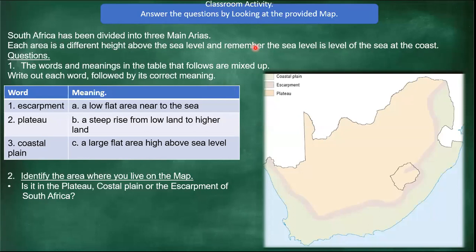Eastern, sorry, the coastal plain, ma'am. You are from the coastal plain. Where? What's the name of the province? Eastern Cape. That's correct. Let's move.